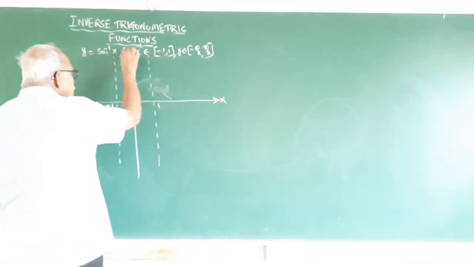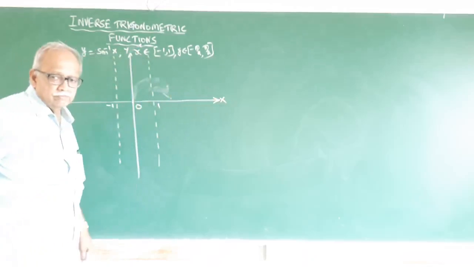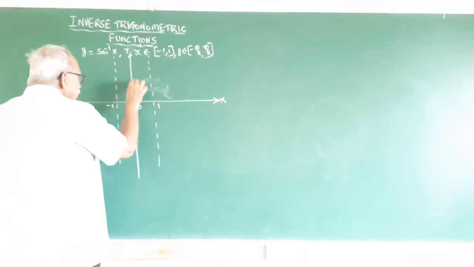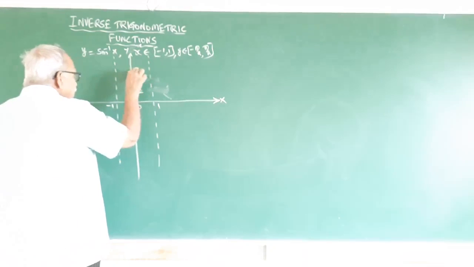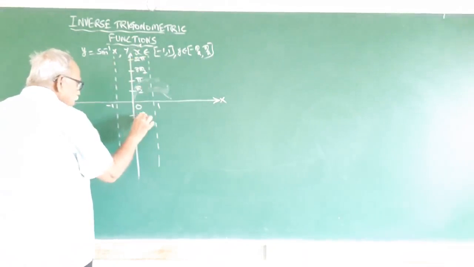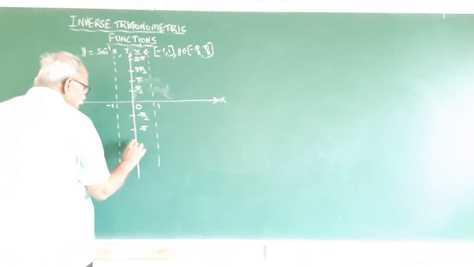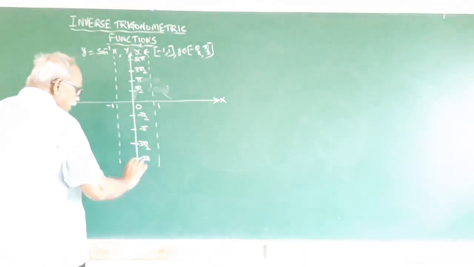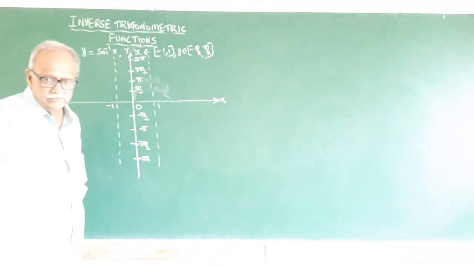Now here we have to mark π/2, π, 3π/2 and 2π, and like that here -π/2, -π, -3π/2, -2π.